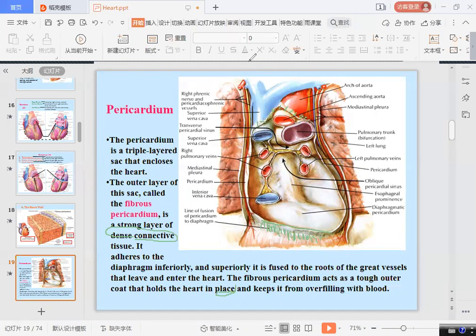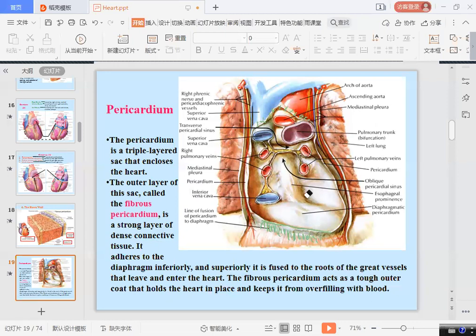As I told you, this fibrous pericardium is the toughest one. Another most important physiological function of the fibrous pericardium is that it prevents overfilling of the heart. What is overfilling?